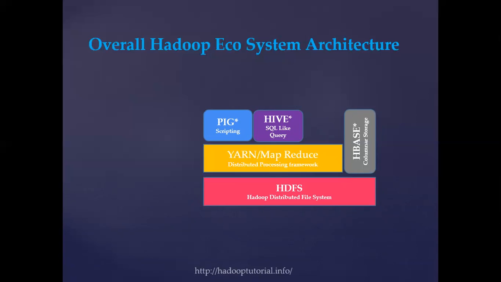We will see what the differences are between Hive and HBase and how these differ from the traditional RDBMSs, and how they give you better results and better storage capacity when compared to these existing tools.